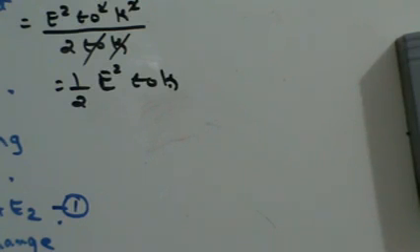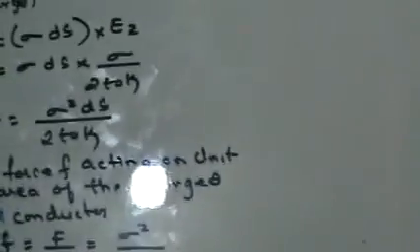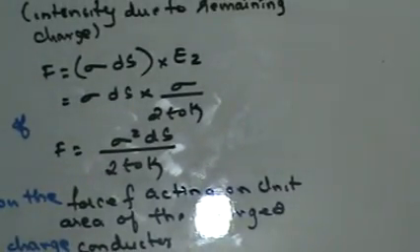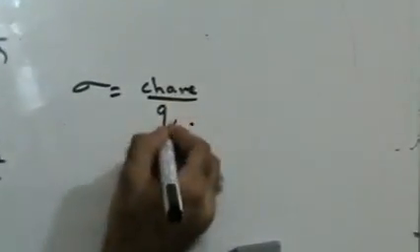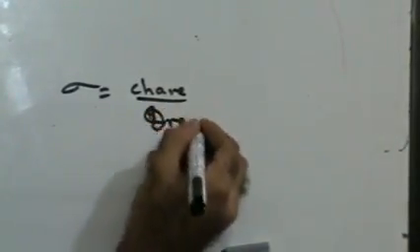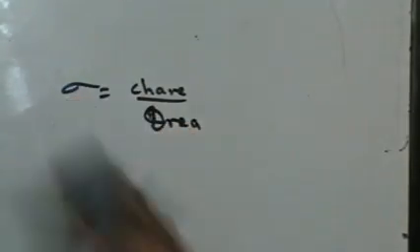That is going to be the force that is going to be exerted by a small area ds. Right? The formula for total force is nothing but charge on ds multiplied by intensity. Charge density is nothing but charge upon area, so charge will be equal to surface density into area.